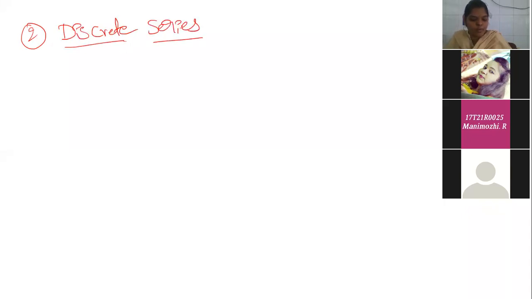Just write down the problem. Find the value of mode from the following data. Value and frequency. Just write down value and frequency.